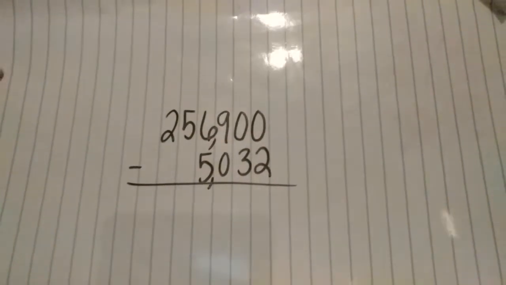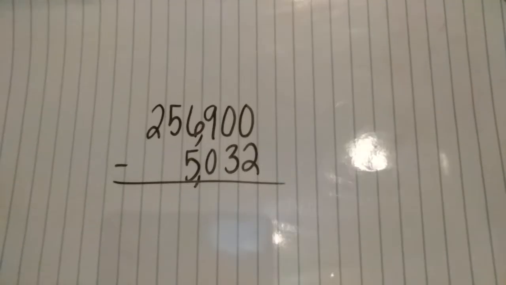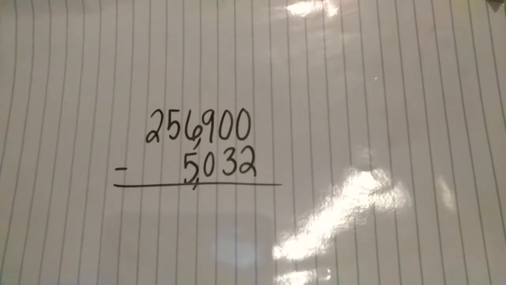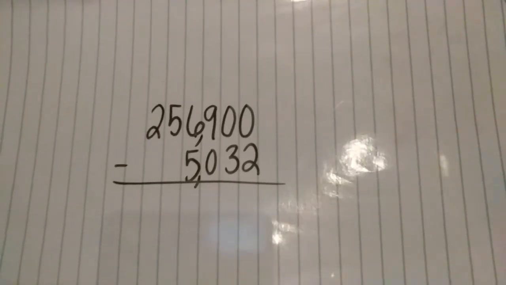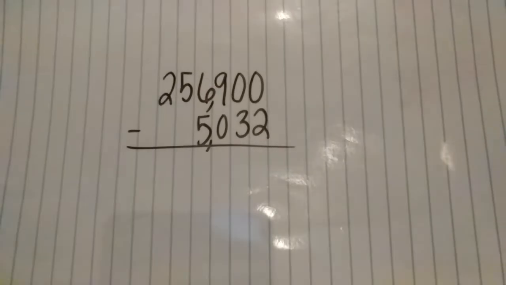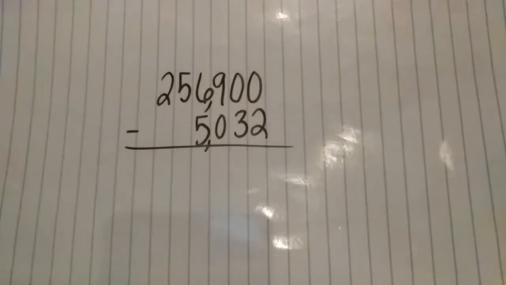Okay, so the last problem on this instructional resource asks me to subtract 256,900 minus 5,032. So it's asking me for an exact answer. So when I subtract this one, I did put it on my lined paper, and I will share something with you.